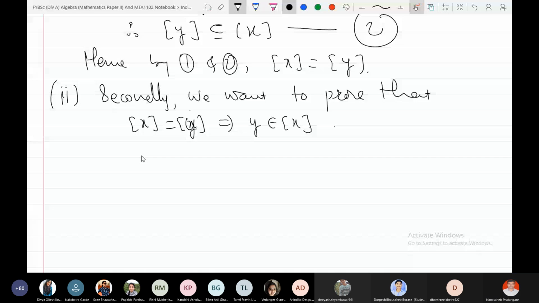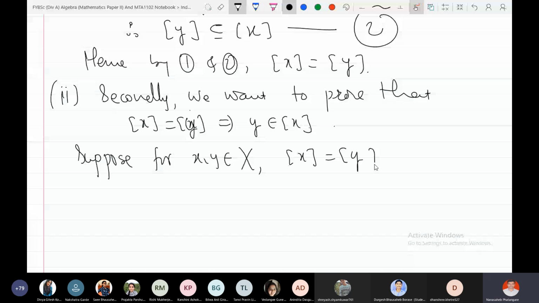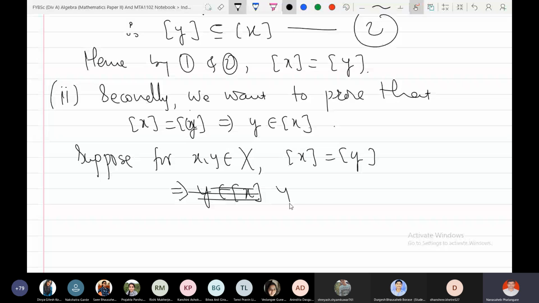Suppose for X and Y belonging to our set X, their classes are equal, then Y is a member of class of X. Let me make it more clear: Y is a member of class of Y. Is it true? Why?